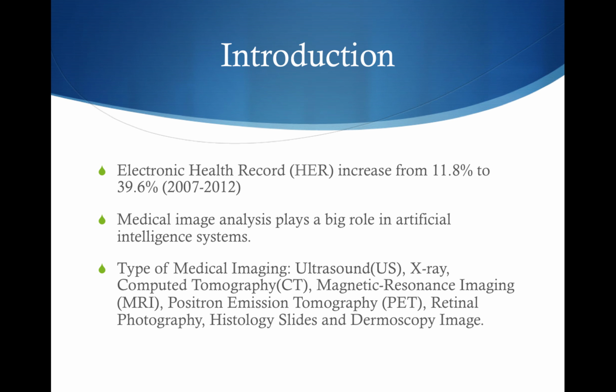And diagnostic imaging plays a big role in the artificial intelligence system and also the medical record. There are many different types of medical imaging, such as ultrasound, X-ray, and CT.